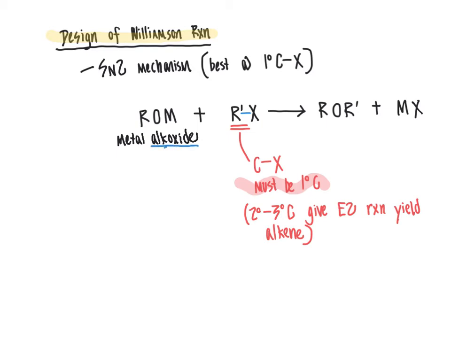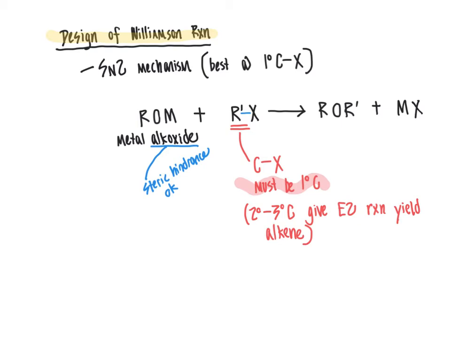So this alkoxide group that we use here in our metal, it's okay if that has steric hindrance. That's not going to impact dramatically whether the reaction is able to undergo SN2 or not, because the oxygen atom, no matter how much steric hindrance there is in the alkyl group, is still going to be exposed enough that it can act as a nucleophile, come over and form a covalent bond to the carbon that's bonded to the leaving group as the leaving group leaves in this SN2 reaction.